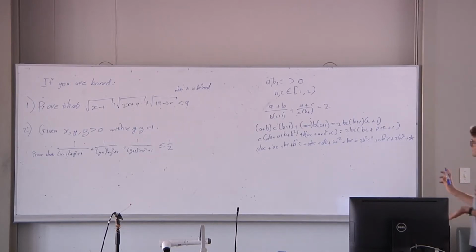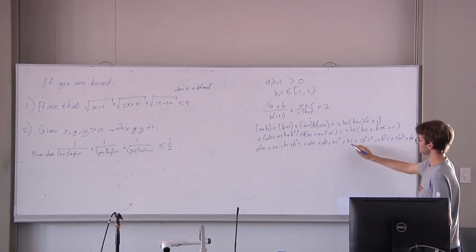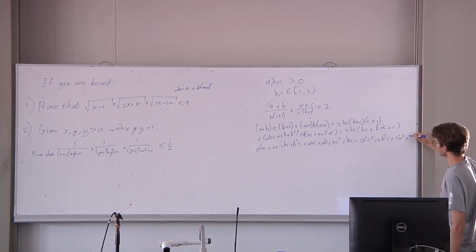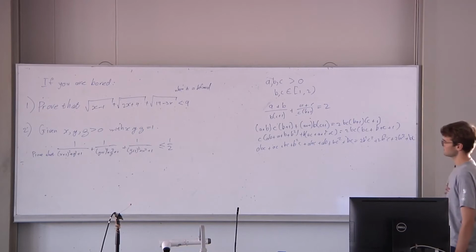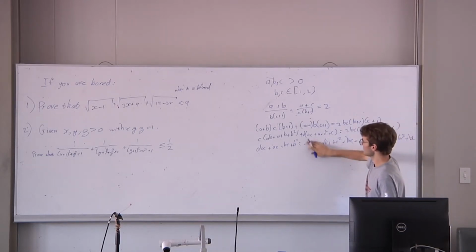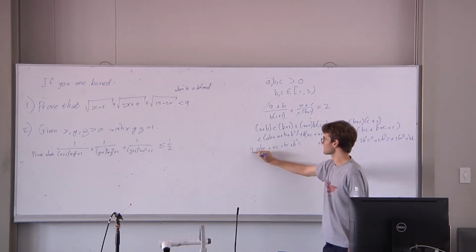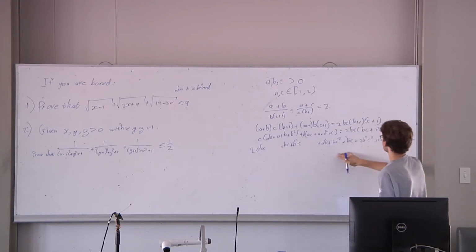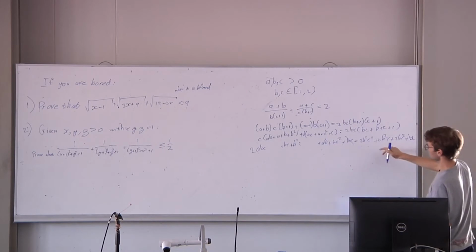But then you get to this point and you see, okay, you've got a bc over there, which cancels one of the bc's over here. So that becomes a single bc. You have 2 abc's over here, so that becomes 2abc. You have an ac over here, which should cancel something, never mind.